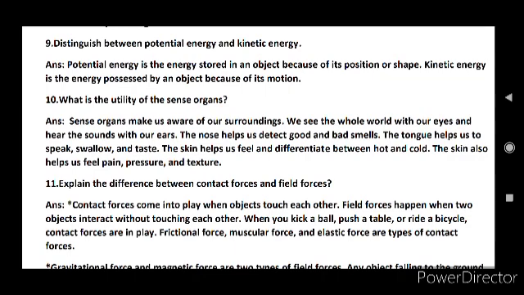We see the whole world with our eyes and hear sounds with our ears. The nose helps us to detect good and bad smells. The tongue helps us to speak, swallow, and taste. The skin helps us feel and differentiate between hot and cold. The skin also helps us feel pain, pressure, and texture. These are the utilities of the sense organs.